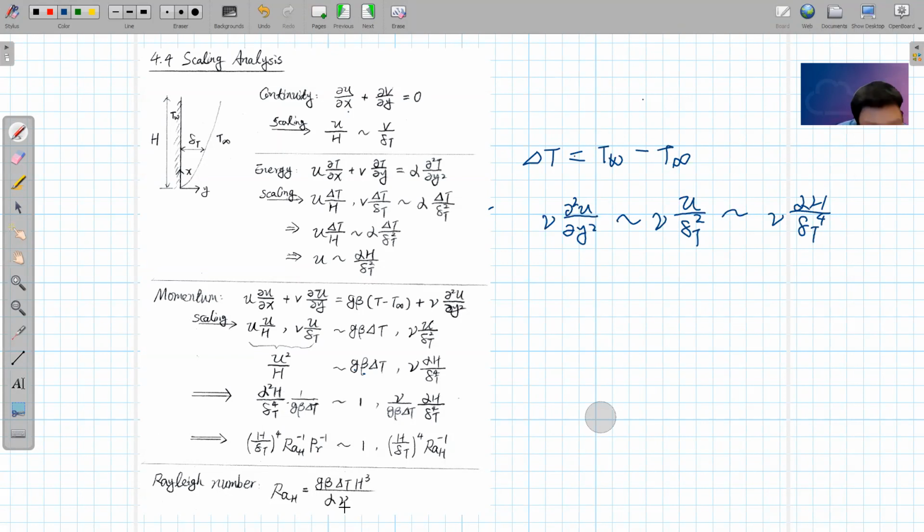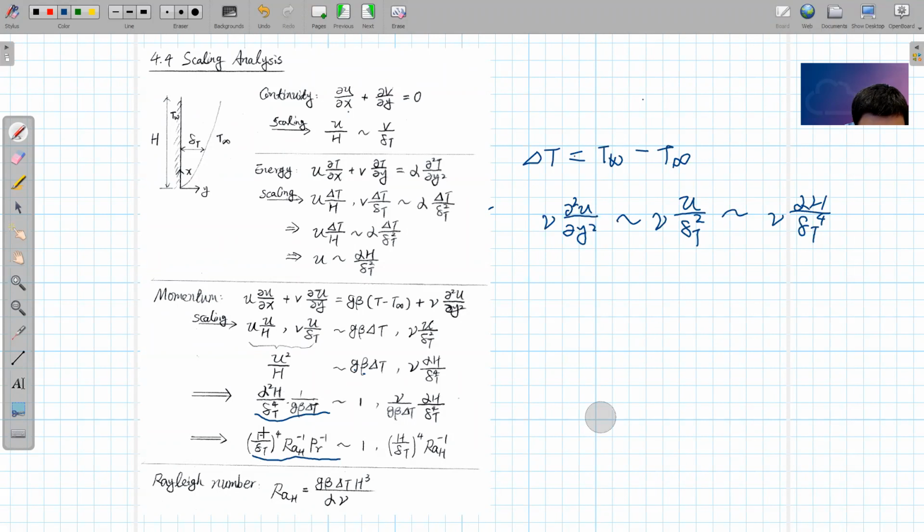This is the kinematic viscosity. If you rewrite this term, it can be related: it equals the reciprocal of the Rayleigh number times the reciprocal of the Prandtl number.